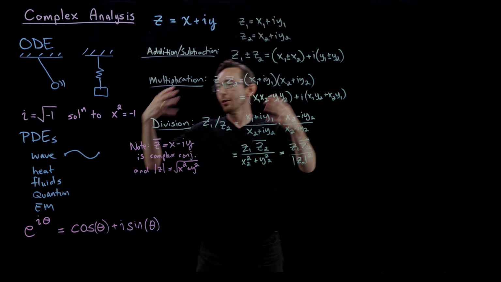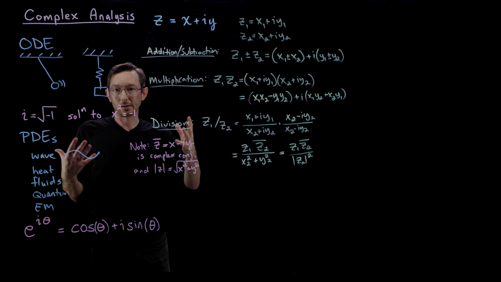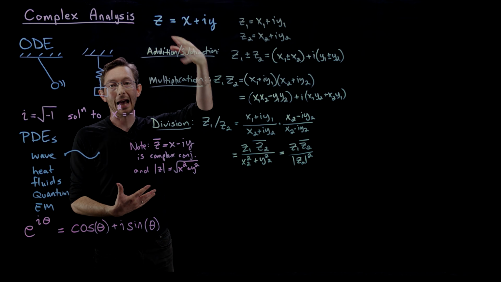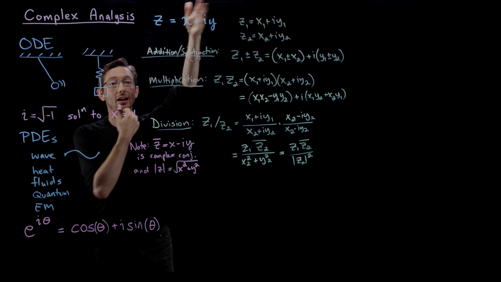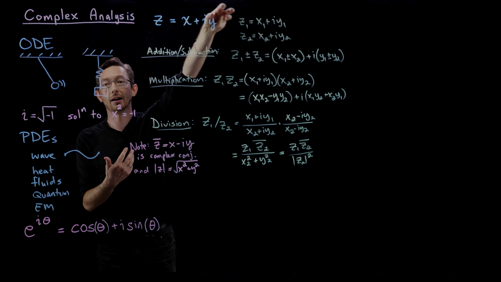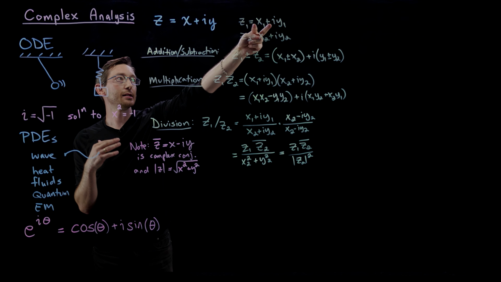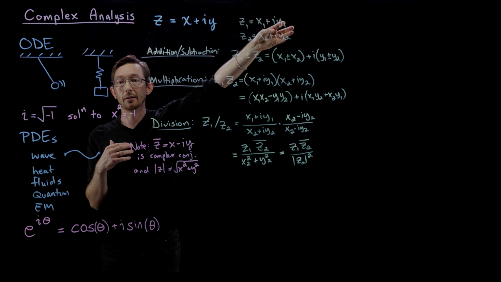Good. So now what we've seen essentially is that we can do all of the basic things. We want to basically be able to do algebra with these complex numbers. We can add, we can subtract, we can multiply, divide. You can multiply these by a constant, 5 times z. You just multiply 5x plus 5iy. And we did this in this Cartesian coordinate system where you have the real and the imaginary part.